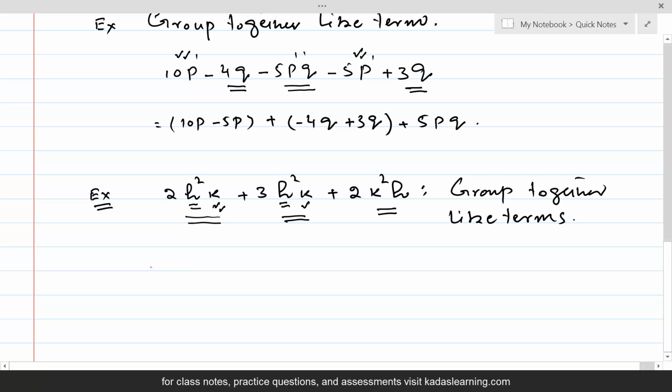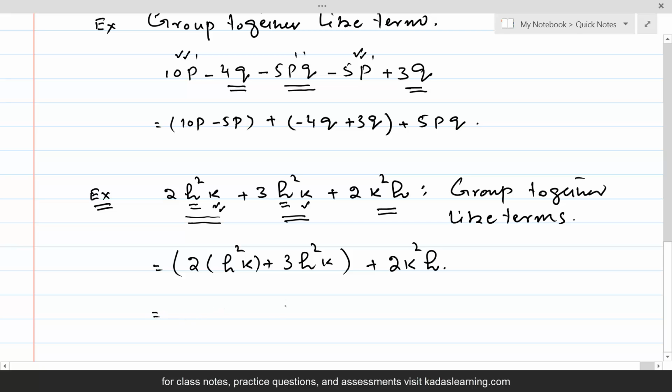So if we want to group them together, we can group 2h square k plus 3h square k. They are like terms, plus 2k square h. It is unlike any other term. That's why it should stay separate.